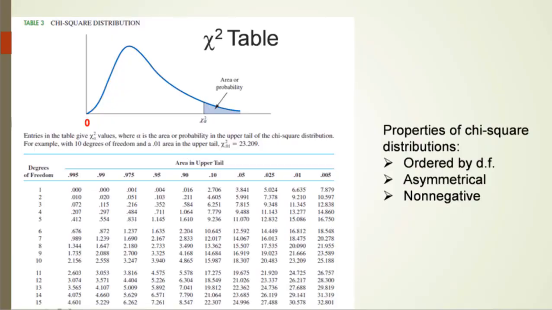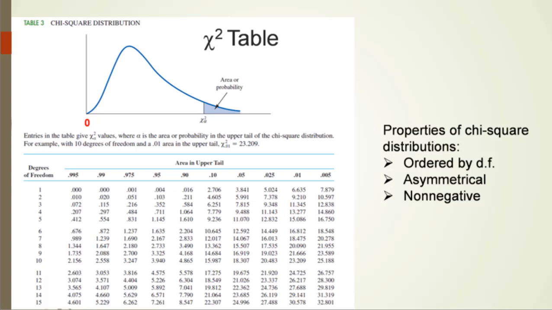This is a chi-square table. Several important properties of chi-square distributions are that chi-square distributions are characterized by their degrees of freedom, and this table is also ordered by degrees of freedom. The curve on the very top is not a symmetric curve, like a z-distribution or t-distribution. All chi-square statistics are non-negative values.